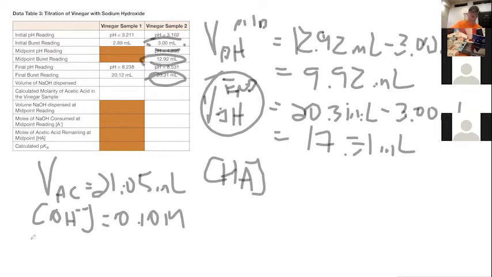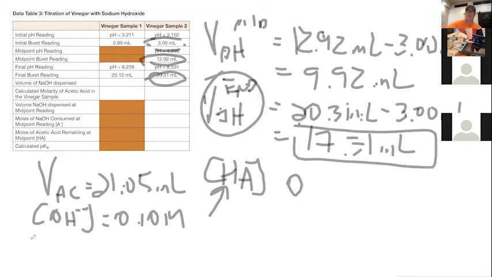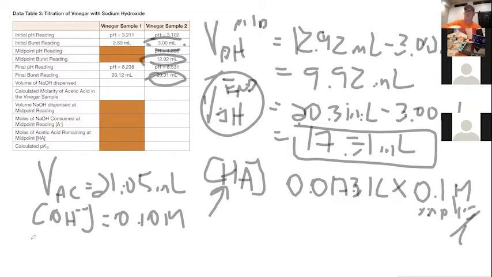That tells us what our initial concentration of acetic acid was. So this is the volume, 0.01731 liters, we have to convert it to liters, times 0.1 molar, which is moles per liter. So the number of moles of acetic acid at the beginning was 0.001731 moles.